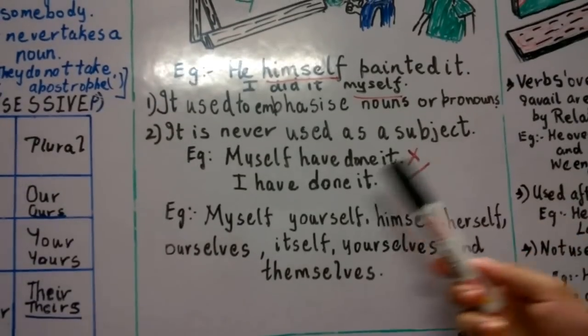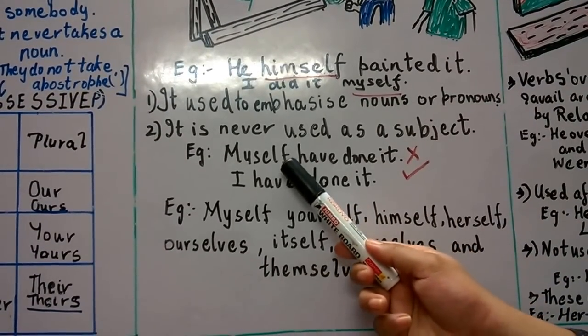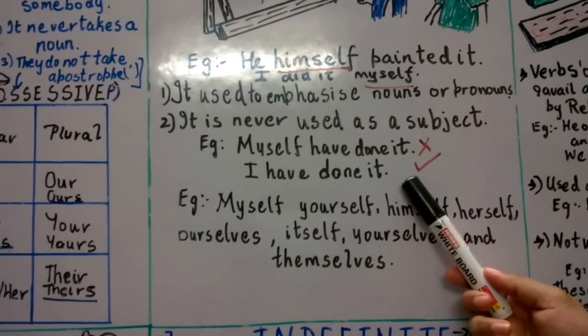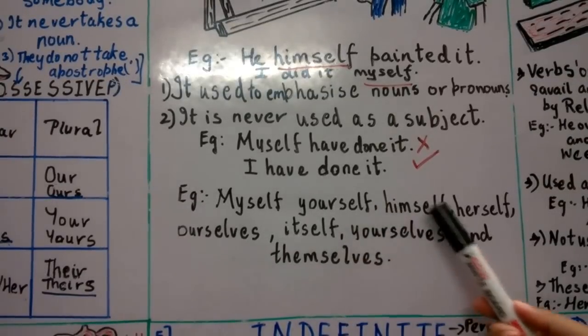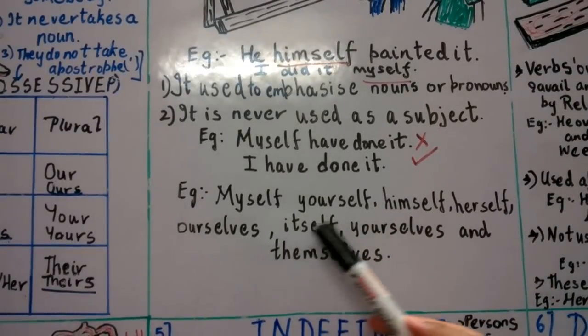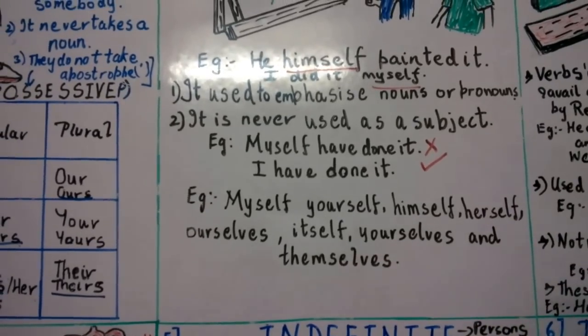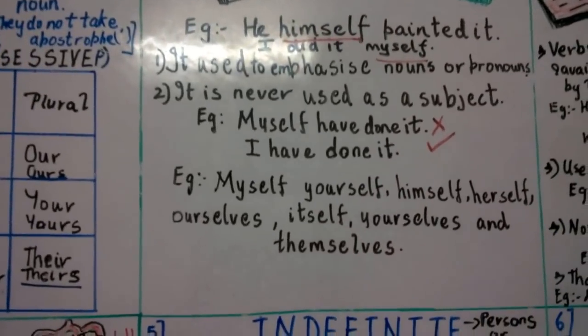For example, I have written: myself have done it. Never use myself first. You have to say I have done it. Examples of emphatic are myself, yourself, himself, herself, ourselves, itself, yourselves, and themselves. Now be very careful because these both can be very confusing.